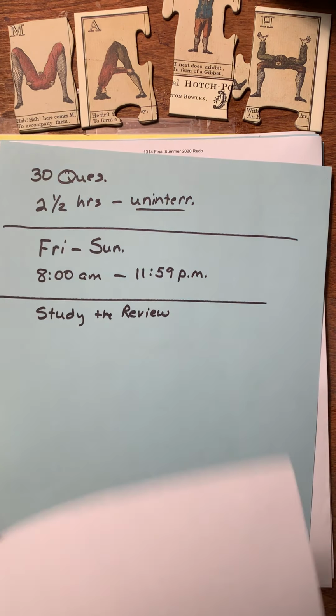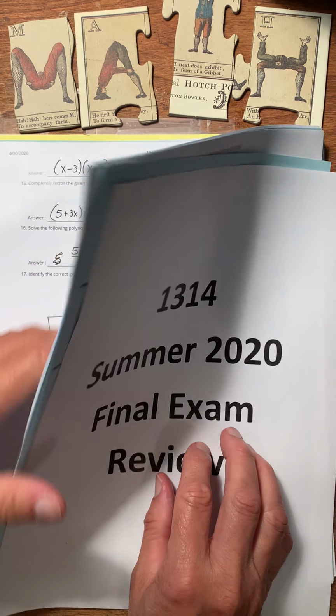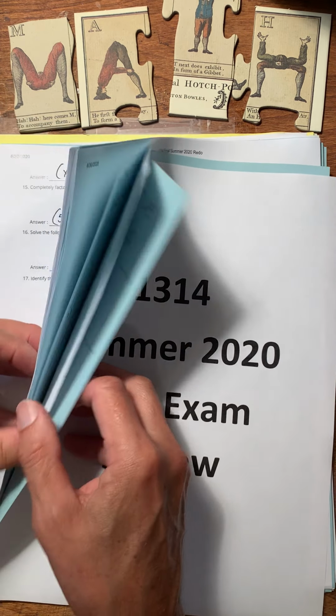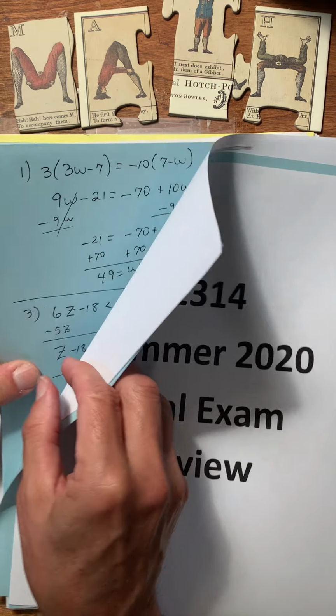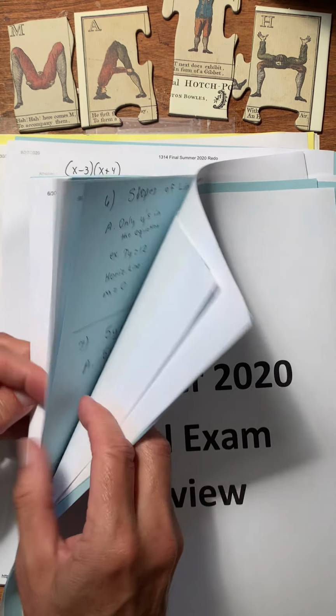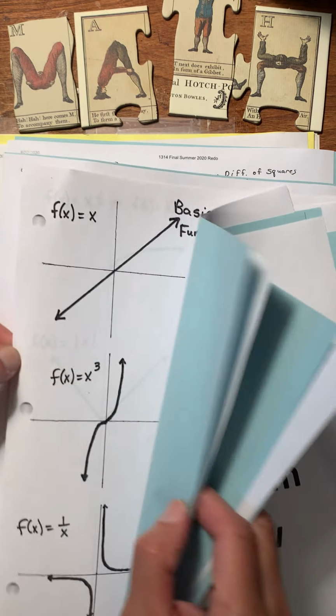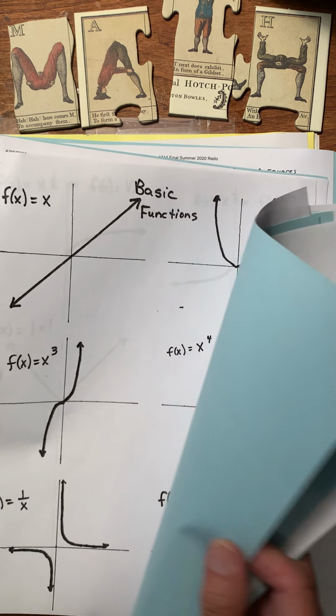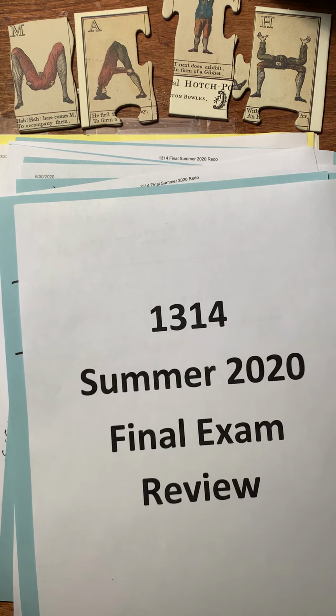I will be including in what I put on Quickly Content the common functions sheet, so you'll have that handy. I'll make sure you have this visible so you can run it off and have it handy.